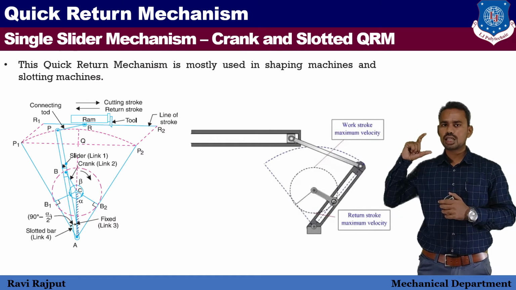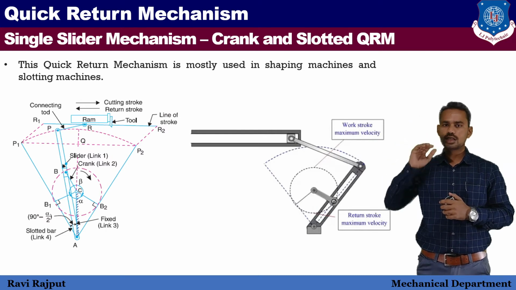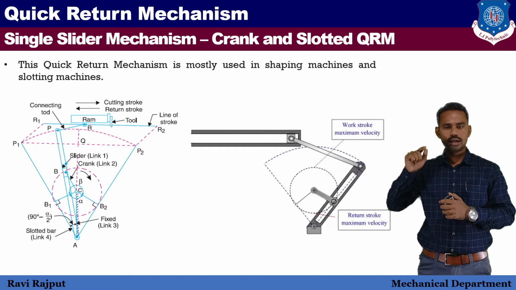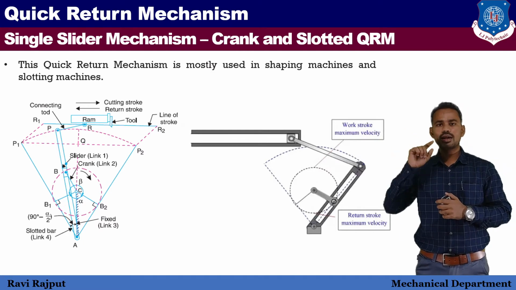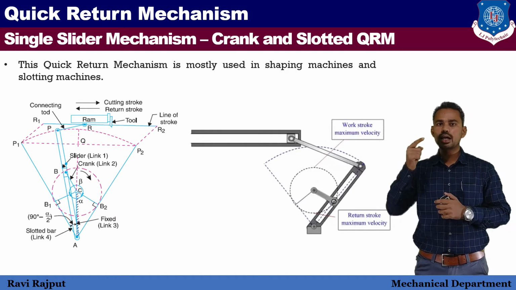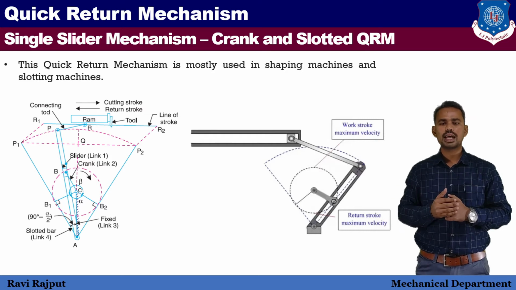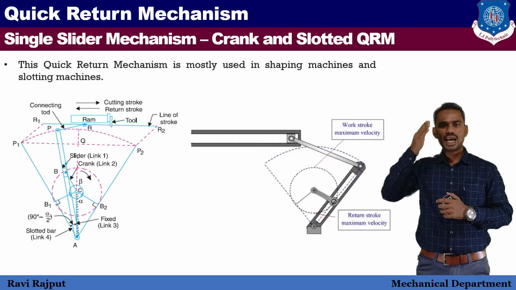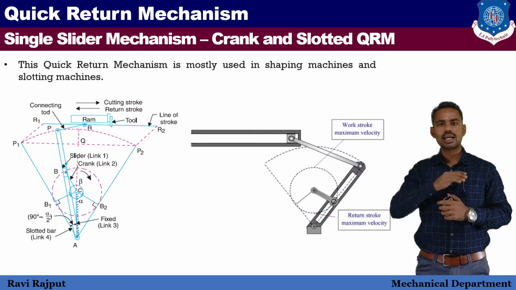So if we start from the fixed link, the fixed link is connected to the crank, so the crank provides the input and there will be a turning pair. The crank will be connected to the slider, so the crank and slider will again have a turning pair. Afterwards, the slider will be connected to the slotter, or in other words the slider is sliding inside the slotter, so there will be a sliding pair over there.